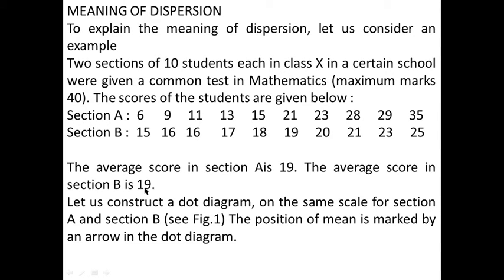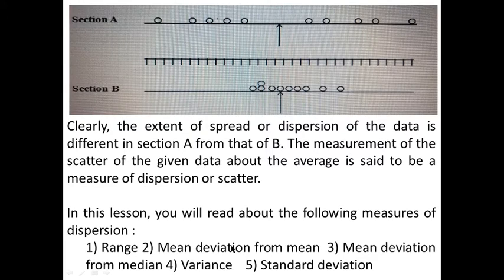Let us construct a dot diagram on the same scale for section A and section B. The position of the mean is marked by an arrow in the dot diagram.